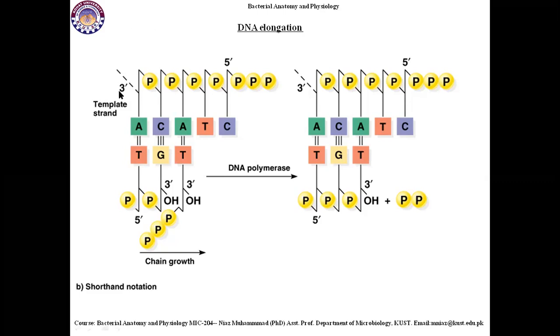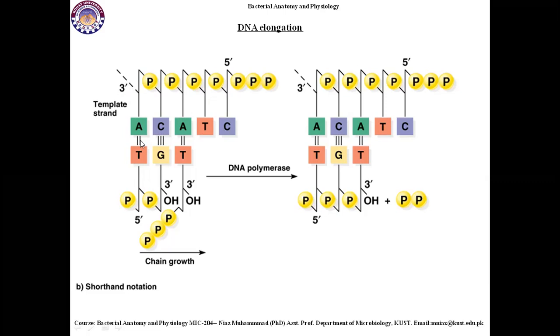Here, this is the direction of the parent DNA, 3' to 5'. This is the template or parent DNA having nucleotides adenine, cytosine, adenine, thymine, and cytosine, and these nucleotides are linked through phosphodiester bonds.